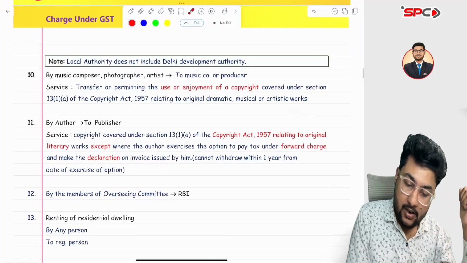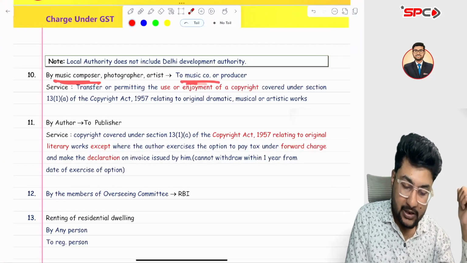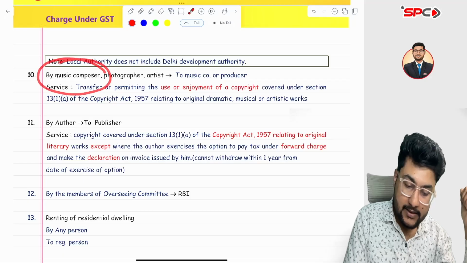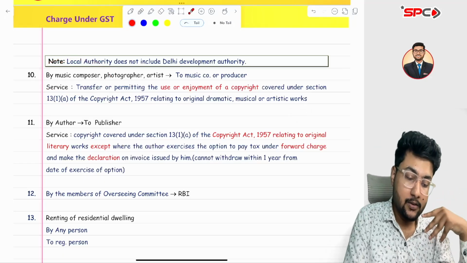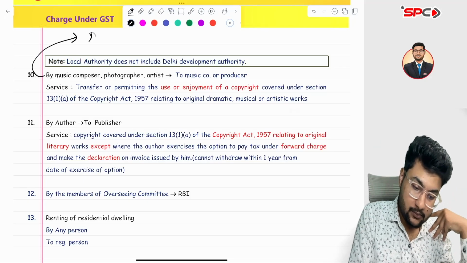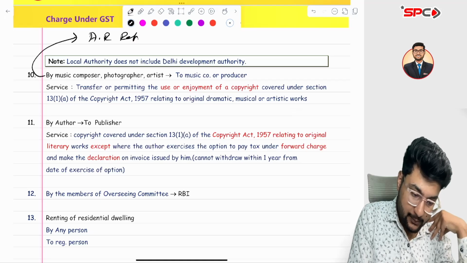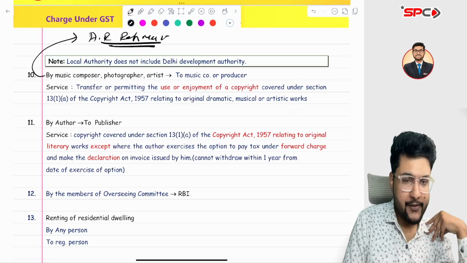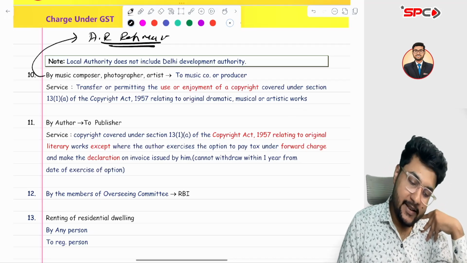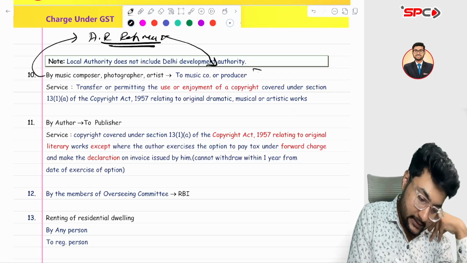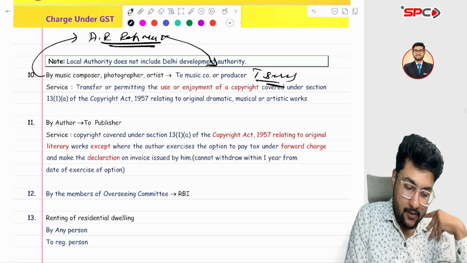First is any music composer to a music company. Suppose a music composer, let's take an example, A.R. Rahman, right? Have you heard the name of A.R. Rahman? Of course, sir, he's a very famous singer, and he sells his right to T-Series.